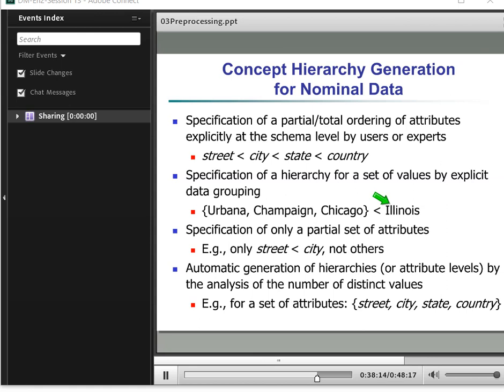So when we are using the hierarchy, we can make the data easier than before.